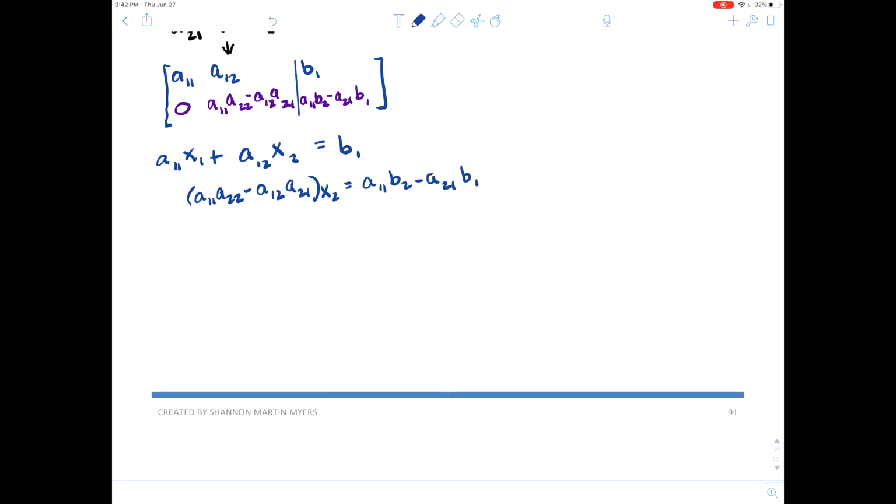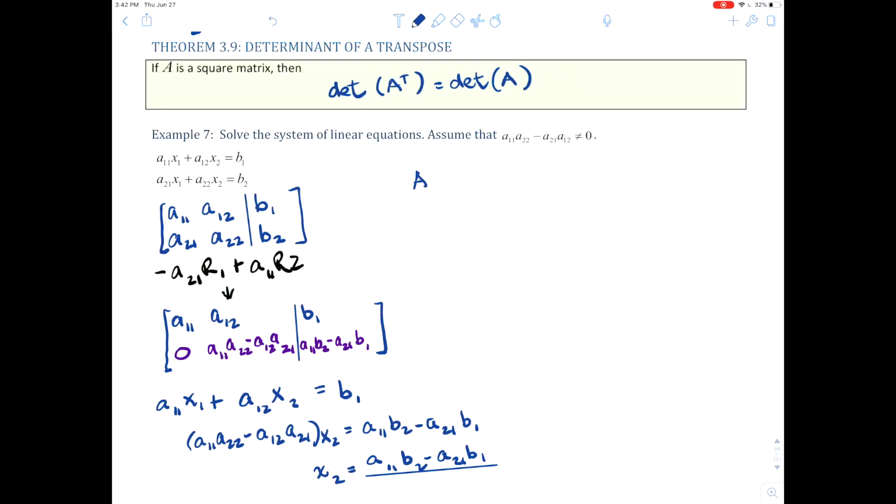So, isolating x2, we will have A11 B2 minus A21 B1, and that's going to be over this quantity. Let's look at it. If A is equal to this coefficient matrix, A11, A12, A21, A22, what's the determinant of A?